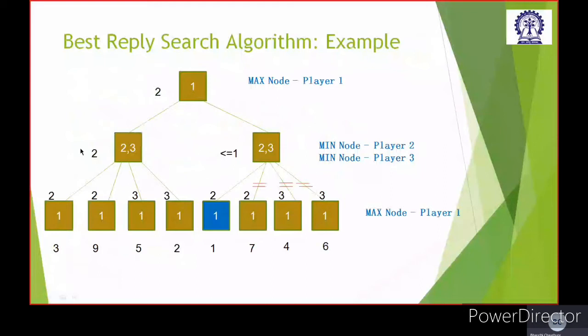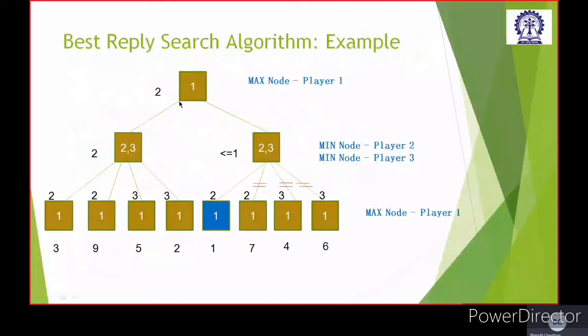Player 1 has the alpha value initially at minus infinity, and this value 2 is compared with that. Since 2 is greater than minus infinity, we will consider the alpha value as plus 2 here. Now let us see the other possible move of player 1.